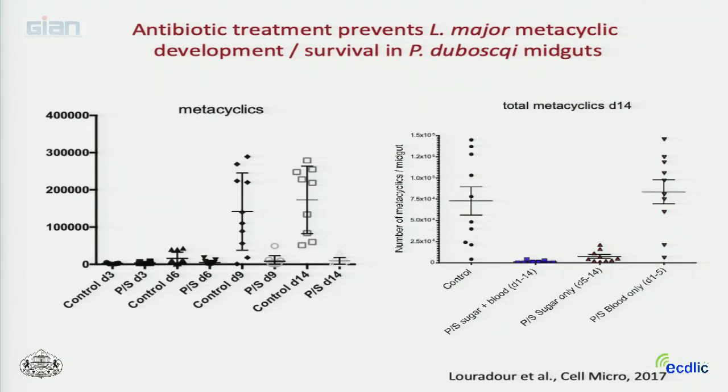So antibiotic, which is producing dysbiosis of the normal gut flora in these flies, had this profound effect on the ability of Leishmania infections to develop normally and mature and generate the infectious stage metacyclics.